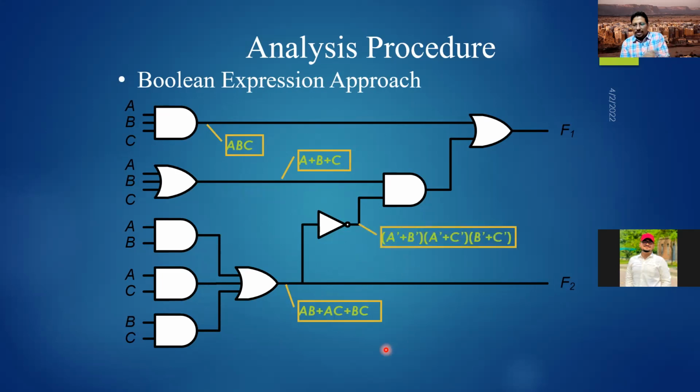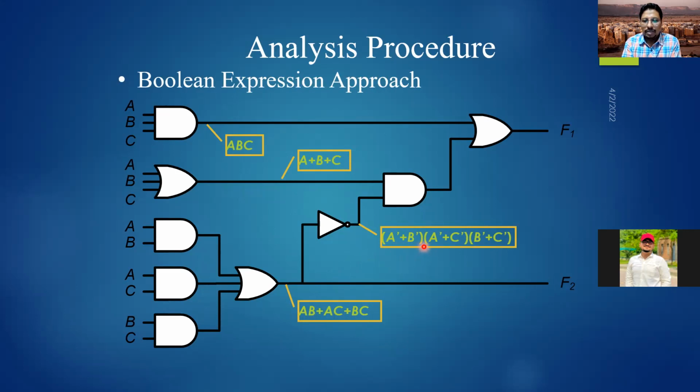If I invert it, I will bring it here and give it a prime, an inversion for all. Then, according to De Morgan's laws, I have to convert each ANDing or multiplication to be ORed or a sum, and each sum will be converted to a multiplication.